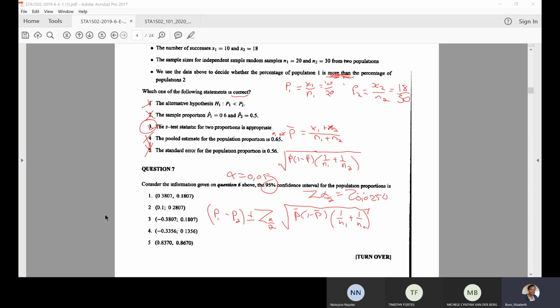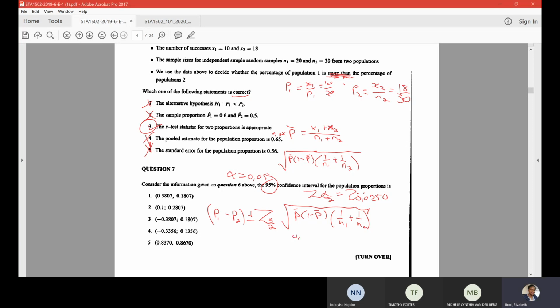Remember that was 0.56 for the pool times 1 minus 0.56 times... And the standard error is 0.14.